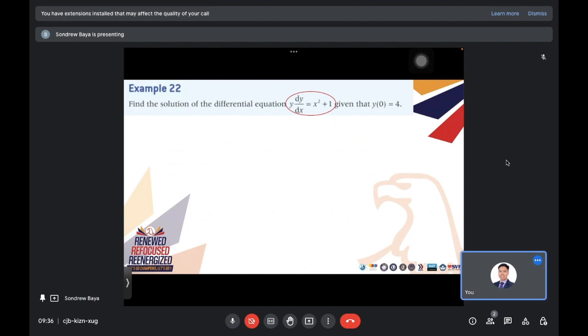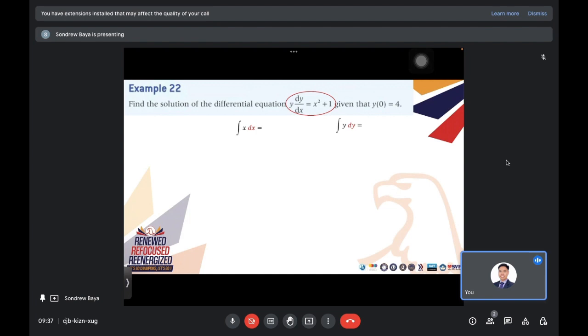what makes this quite complicated is that we have a y and then we have a dy over dx. Now, we can only do integration if we have a function of x with respect to dx, or a function of y with respect to dy. We cannot integrate an x with respect to dy, nor can we integrate a y with respect to dx.